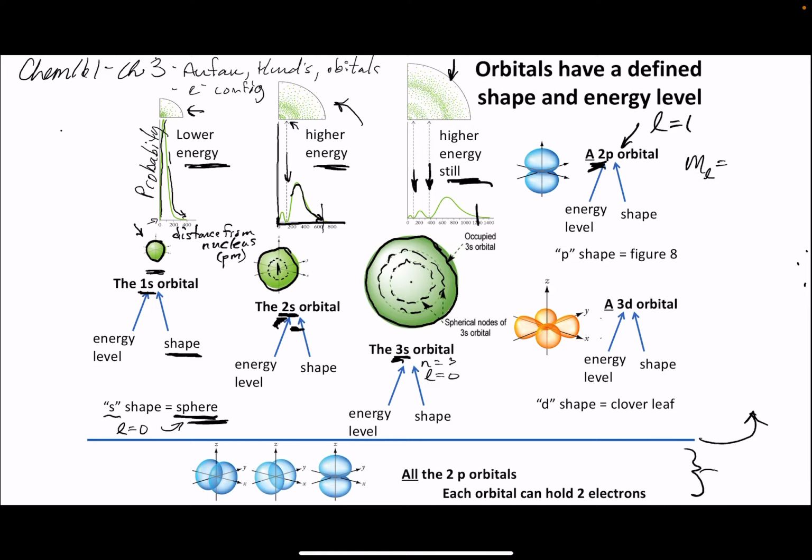In this case, we can have a -1, a 0, and a +1. We expect to be able to orient these p orbitals in 3 different ways. Down below, we have that reflected, where we can orient this figure 8 type orbital, or a dumbbell, if you will, along the x-axis, along the y-axis, or along the z-dimension.